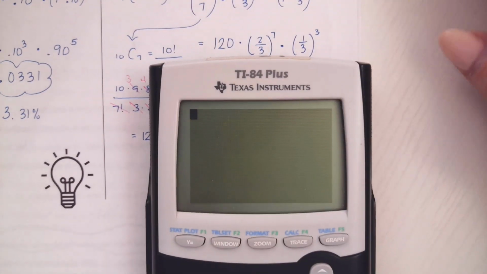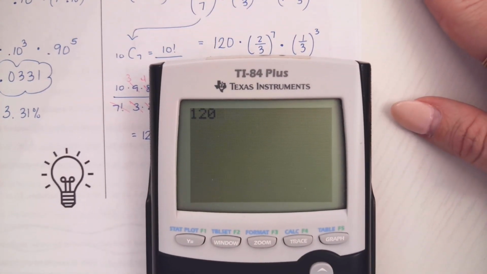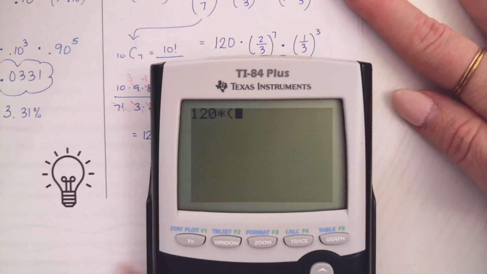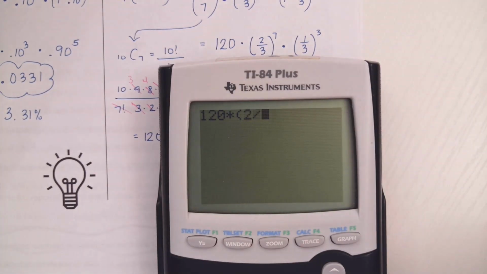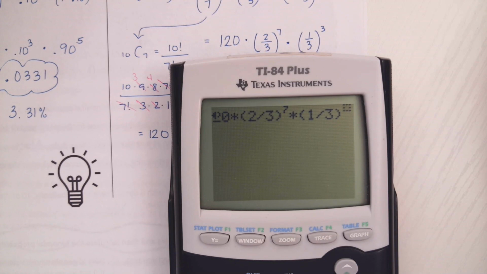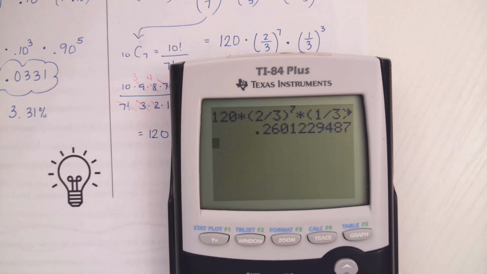Alright, so we got 120 times, I'm going to put my 2/3 in parentheses. I'm just going to do 2 divided by 3, which is the same, to the 7th power. And then times my 1/3 in parentheses to the 3rd power. And is that what you got?